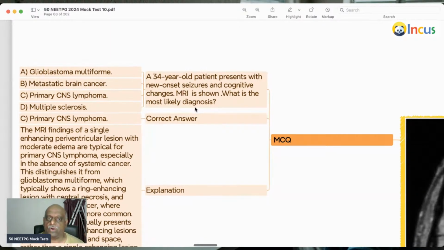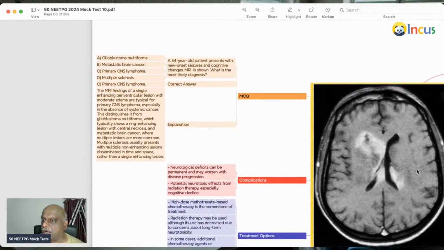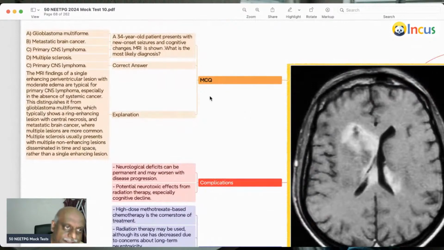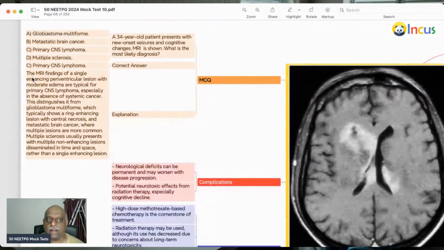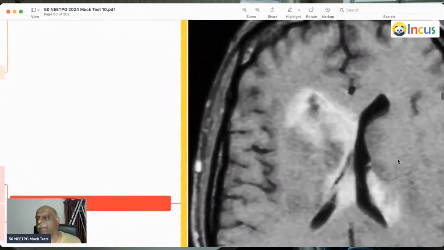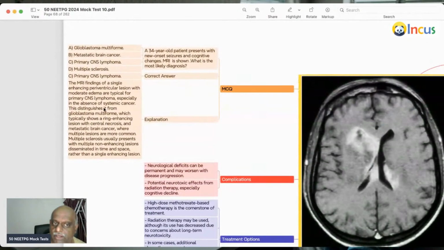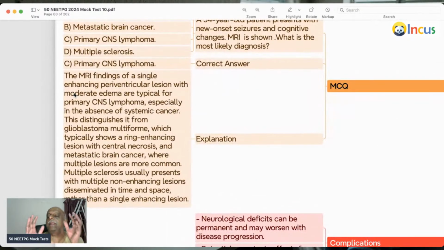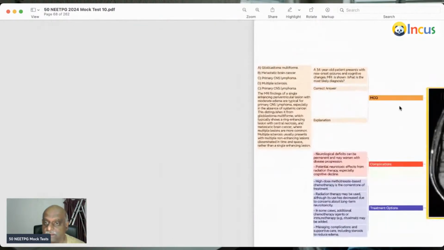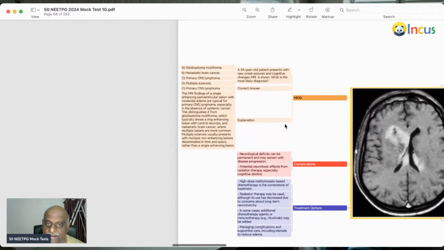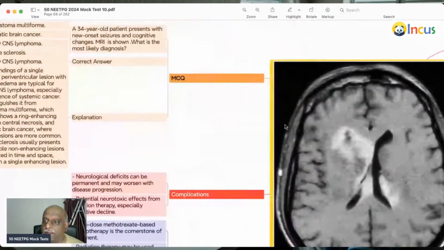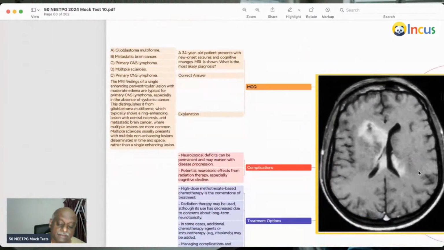A 34-year-old with new-onset seizures and cognitive changes, and an MRI has been shown. The MRI is showing an enhancing periventricular lesion with moderate edema, which is very typical of primary CNS lymphoma. Why not glioblastoma multiforme?